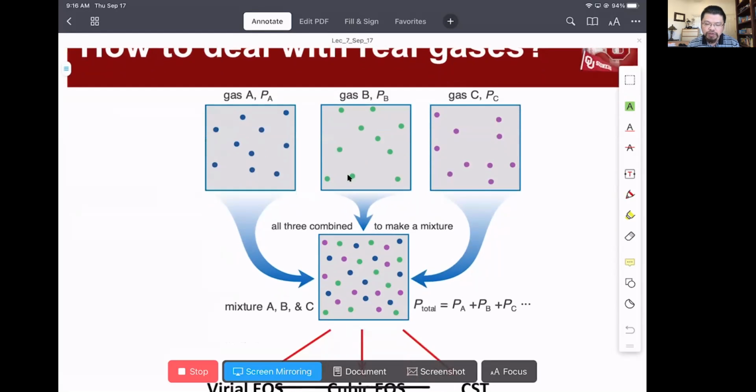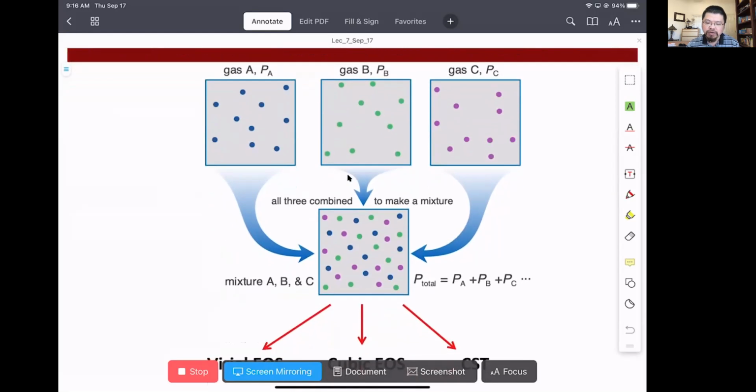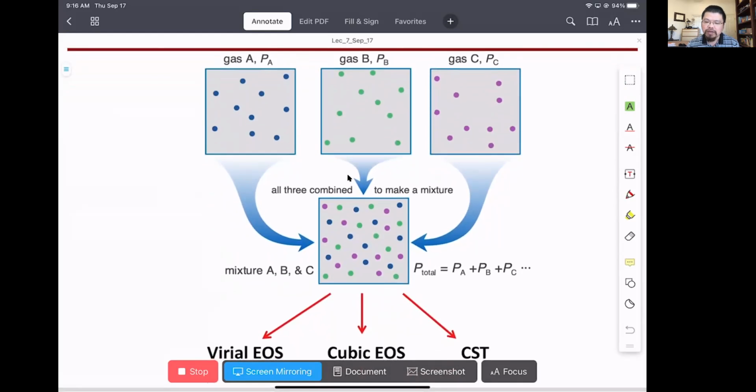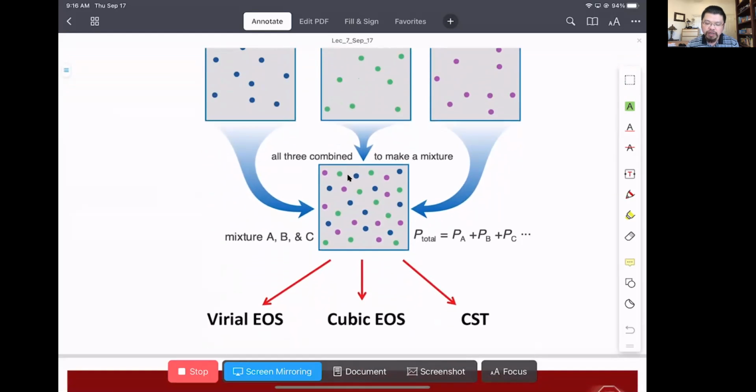So here I'm showing you one single slide to illustrate what we need to understand about mixtures under real conditions. We are still relying on the equations we have talked about: the equations of state, the cubic functions first proposed by Van der Waals and developed over the years by various other researchers.